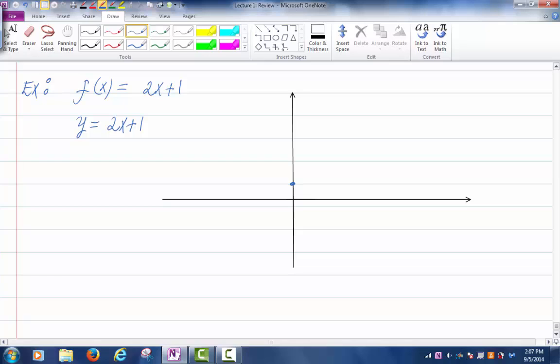When x is negative 1, it's negative 2 plus 1, which is negative 1. So when x is negative 1, right here, I get negative 1 as well. So let's say this point here. So the straight line that I get would be this straight line here.